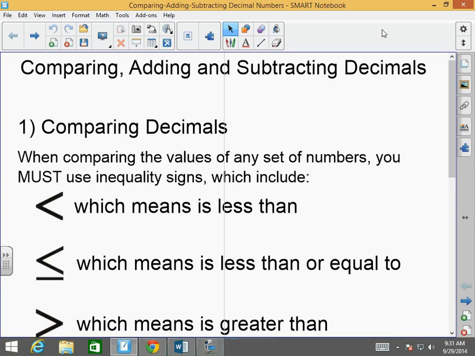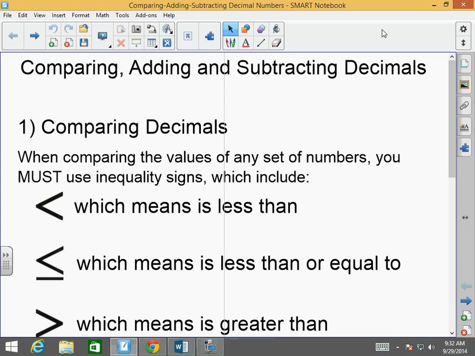Today we are talking about comparing, adding, and subtracting decimals. The good news is it's very simple and very similar to adding, comparing, and subtracting whole numbers. The only difference is now we have decimal values.